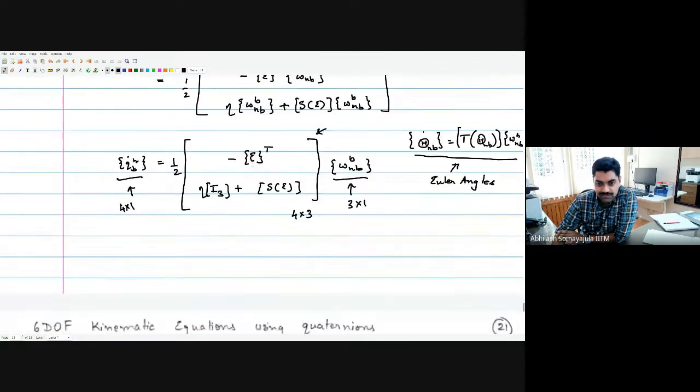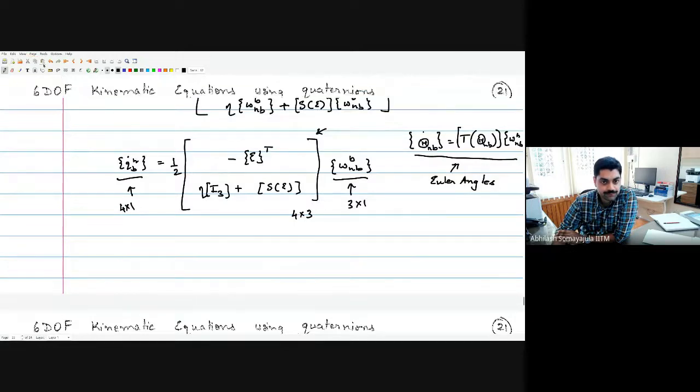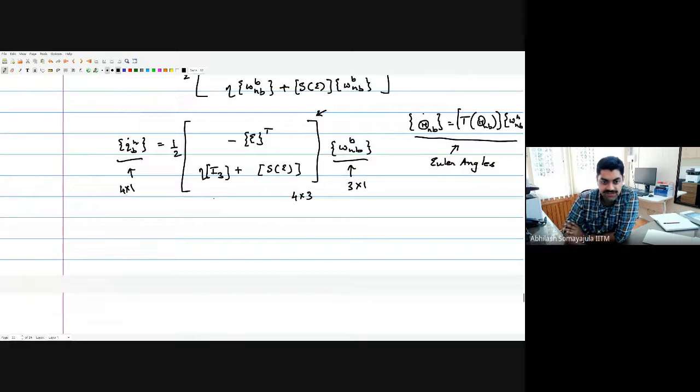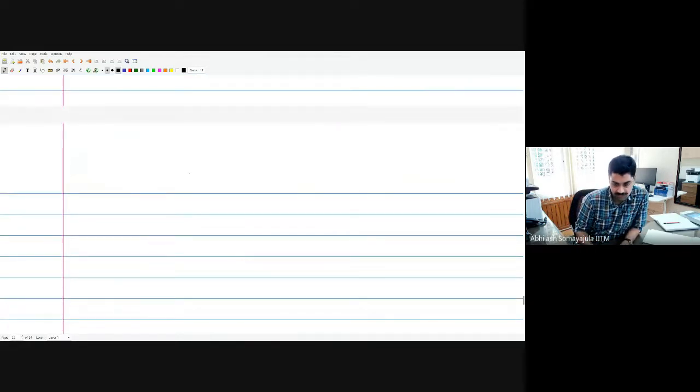Let us see if we expand this out, what do we get? The first row is minus epsilon 1, minus epsilon 2, minus epsilon 3.